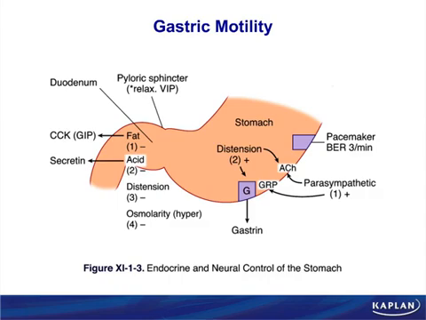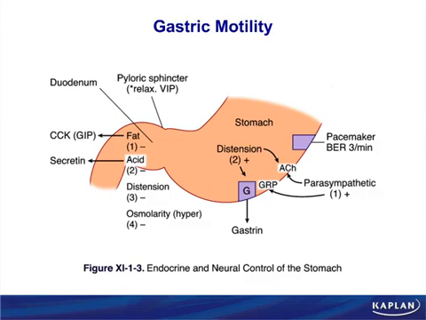And now, once inside the duodenum, fat, acid, distension, and osmolality will all slow GI motility, but that's only once the food is inside the duodenum. When you're just hanging around outside, the distension of the stomach makes more contraction of the stomach, but distension of the duodenum decreases contraction of the stomach.